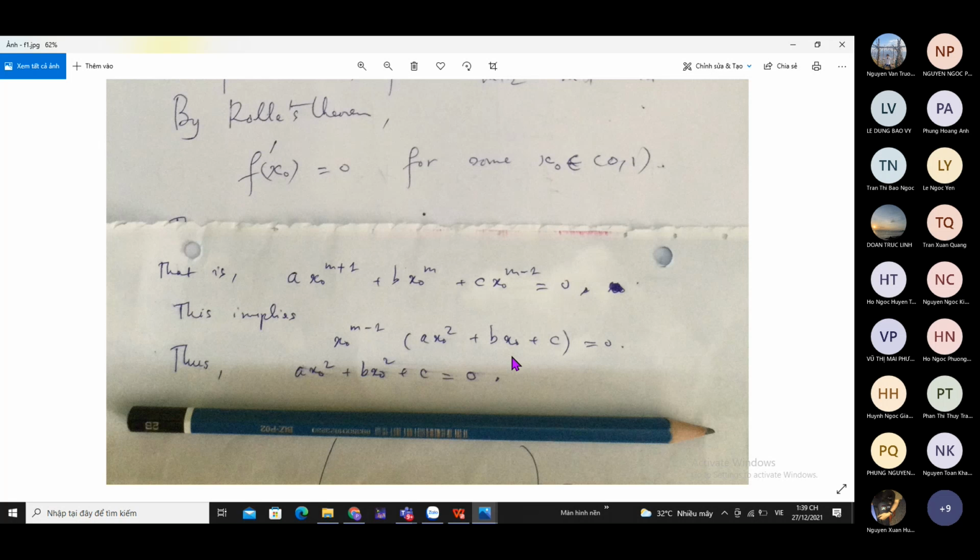See? Because x0 is between 0 and 1, it means x0 is different from 0. And that's why it gives you a x0 squared plus b x0 plus c equals 0. It means x0 is a root of the given quadratic equation.